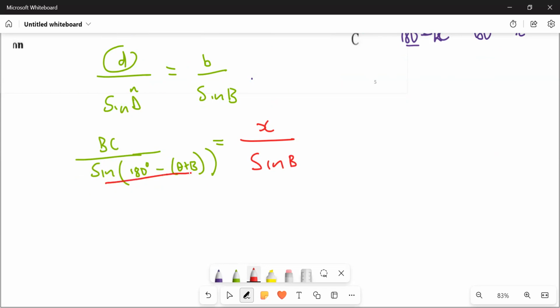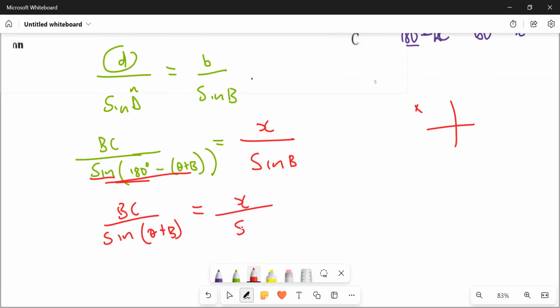Now, 180 minus can reduce again. And then we're talking about sine. 180 minus is in the second quadrant. What can you say about sine in the second quadrant? It's positive. Then it says BC is going to be equal to the sine of theta plus beta, which is going to be equal to x all over the sine of beta.